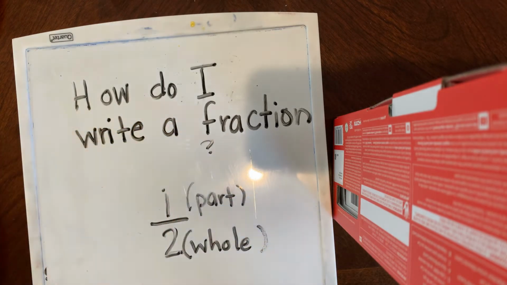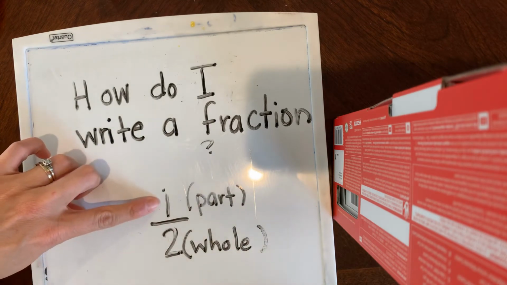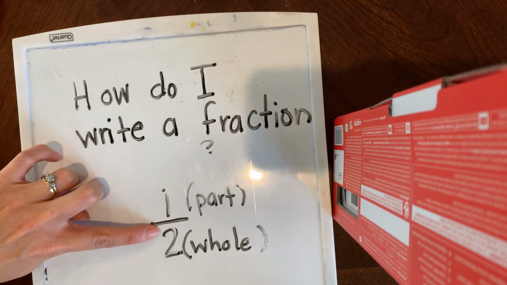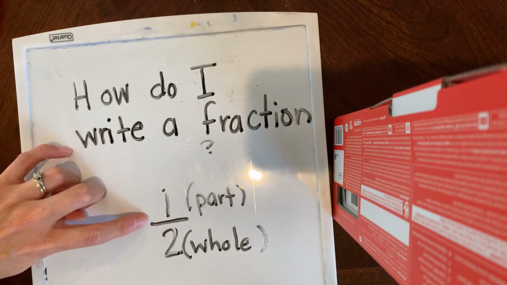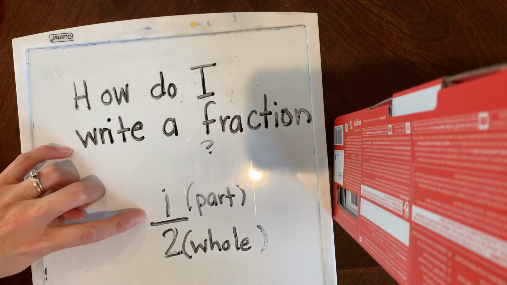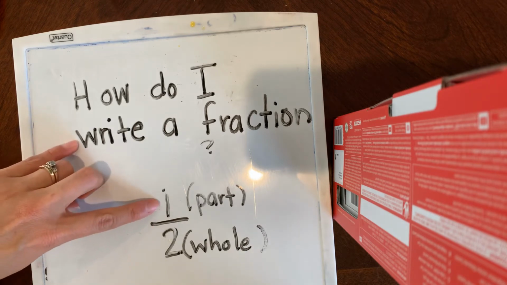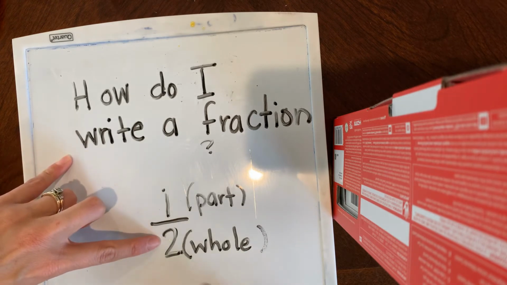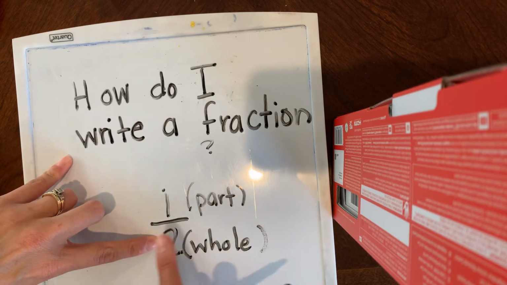Okay, so that's how I write a fraction. I do a part over a whole, and you'll learn later on that this sign is actually out of 2. So I had 1 part out of 2, and the 2 again is what my whole was. The different parts that I had that equaled my whole.